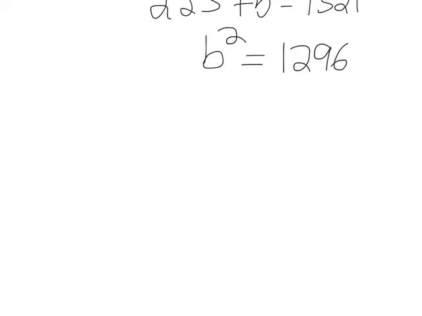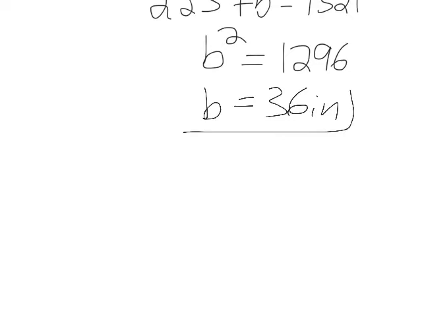So if we were to take the square root of 1,296, we get 36. So B is equal to 36 inches. And that gives you the length of the longer leg, the length of the third side, the one that we're missing. Okay? All right, let's try another one.